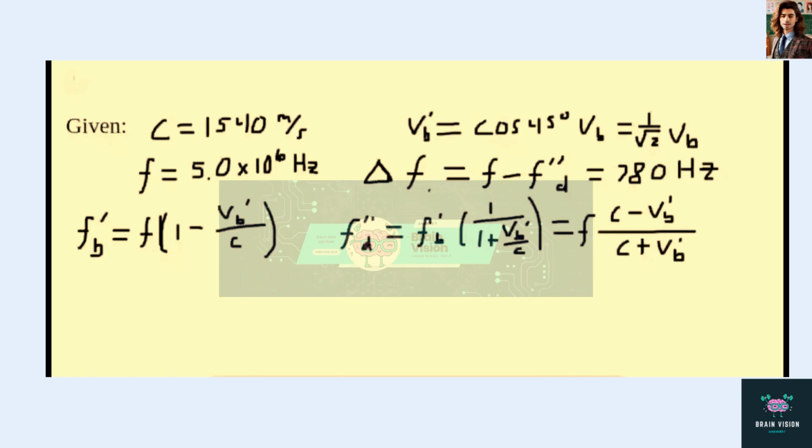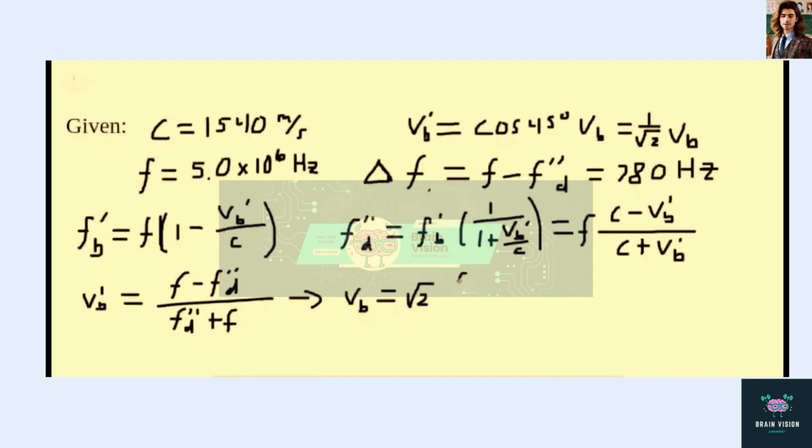So first, let's solve for V prime B, which is equal to F minus F double prime D divided by F double prime D plus F. Well, V prime B is 1 over root 2 V sub B. So multiplying both sides by root 2, the velocity of the blood is equal to root 2 times F minus F double prime D over F double prime D plus F.